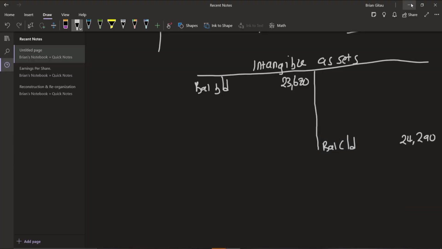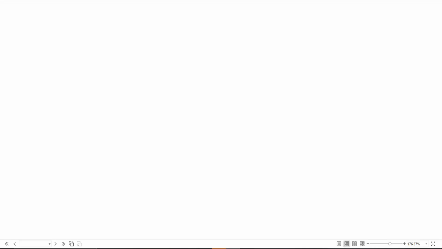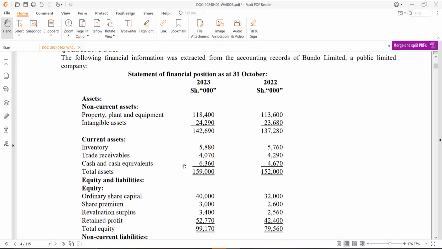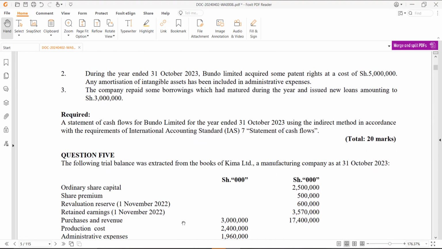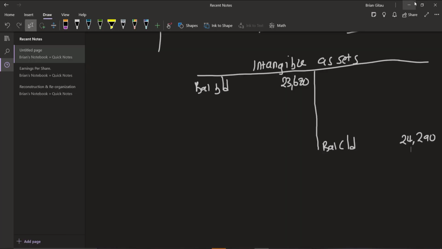Now we are informed, from additional information number 2, that they acquired patents at a cost of 5 million. So let's go ahead and reflect that here. Patents at a cost of 5 million.